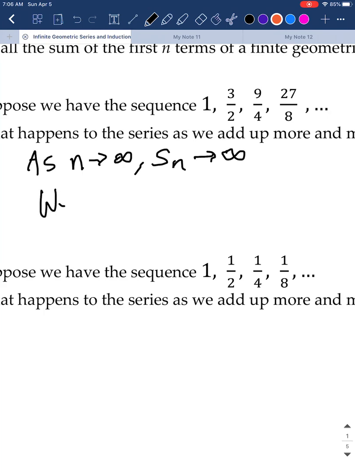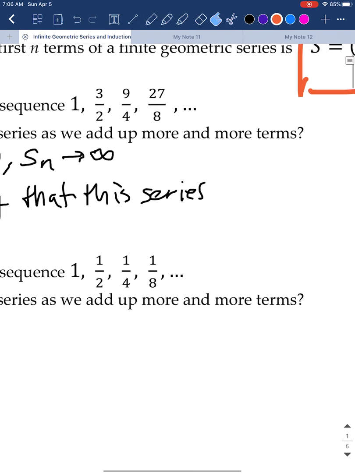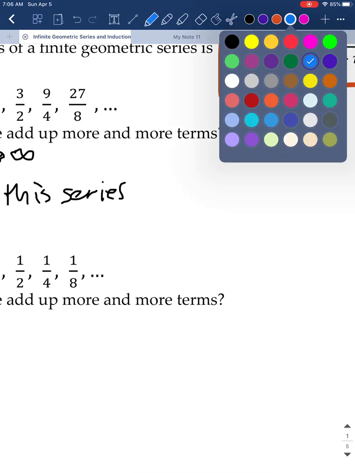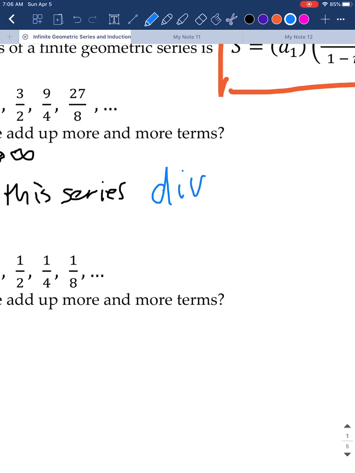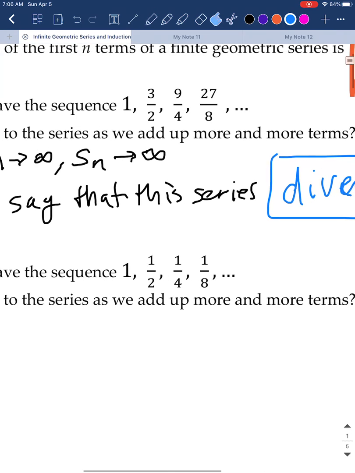So we say that this series diverges. And diverges is just another way of saying that the sum is going to increase without bound.